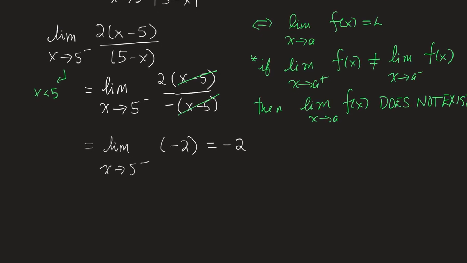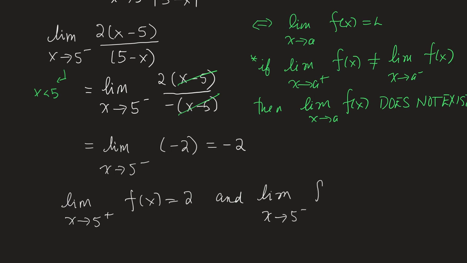Now let's examine what happened here. So we found that the limit as x tends to 5 from the right of f of x was 2, and the limit as x tends to 5 from the left of f of x was minus 2.